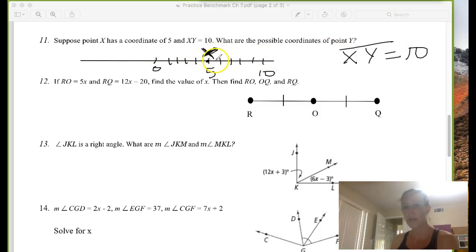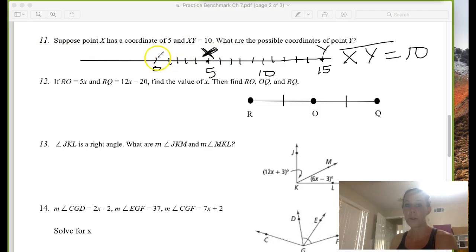So if I go 10 this way, 1, 2, 3, 4, 5, 6, 7, 8, 9, 10, here this could be y, because then that distance, xy, would be 10. What's the coordinate of point y? Well, if I went 5 more this way, it would be 15. So this segment would be 10. Or I could have gone 10 this way.